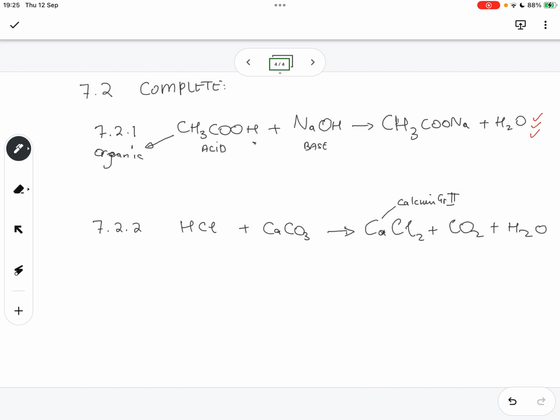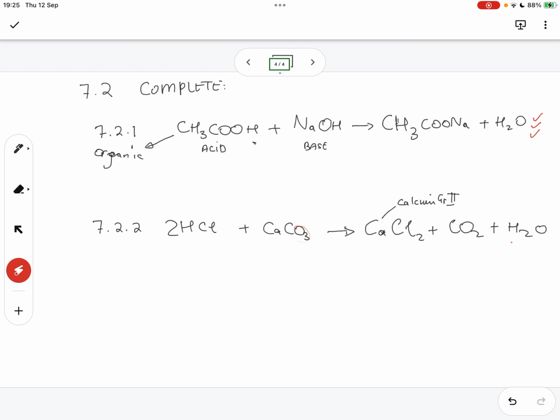Then now we're going to balance this, right? So for calcium chloride to exist stably, we will need 2 chlorines, right? So if we're going to need 2 chlorines, that means we should have 2 hydrochloric acid. Also, the 2 hydrochloric acid is important because the 2 hydrogens will combine with 1 oxygen from there to give us H2O.